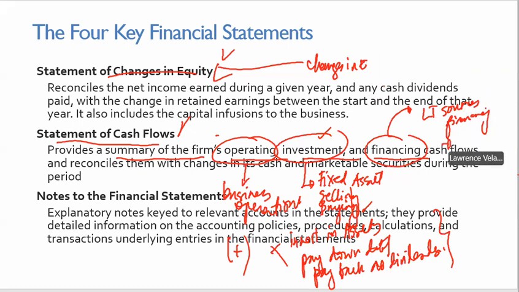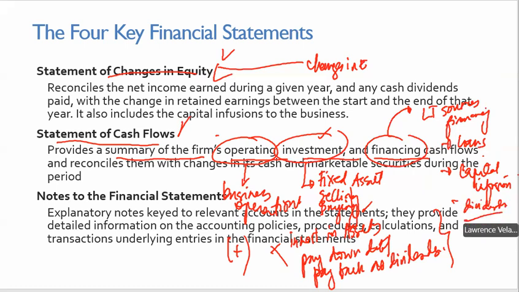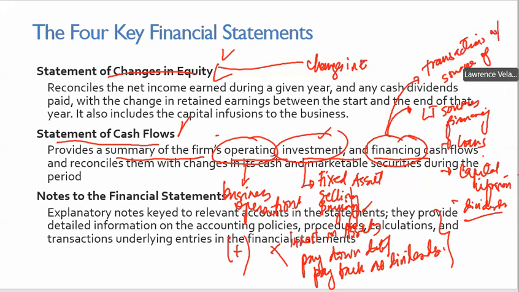For example, loans are part of financing cash flows. Capital infusions are reflected in the statement of cash flows, specifically in financing cash flows. Dividends are also reflected there. Therefore, financing cash flows represent transactions with sources of capital. Those are all included in the statement of cash flows.